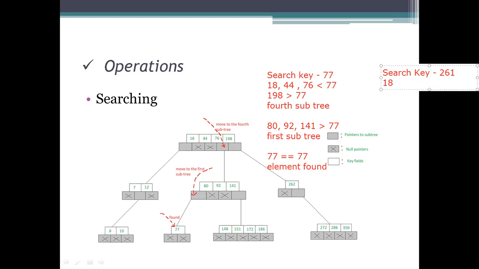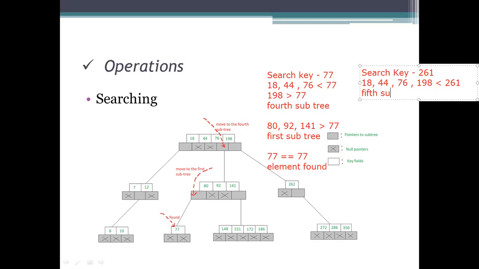We need to see the values 18, 44, 76 and 198, which are less than 261. So here we need to go for the fifth subtree.